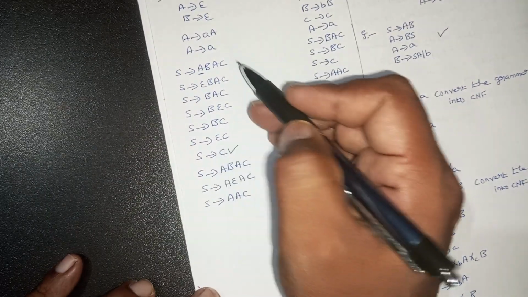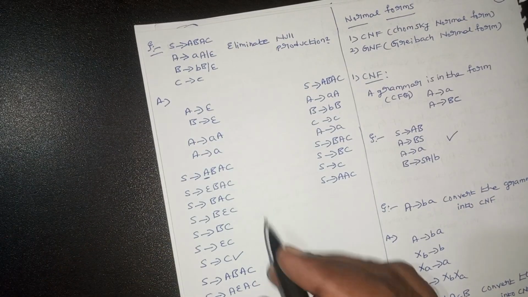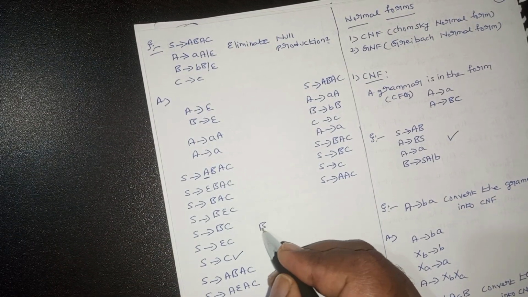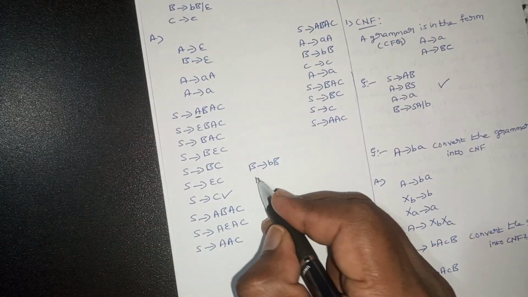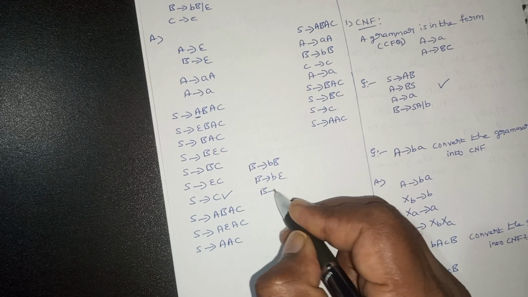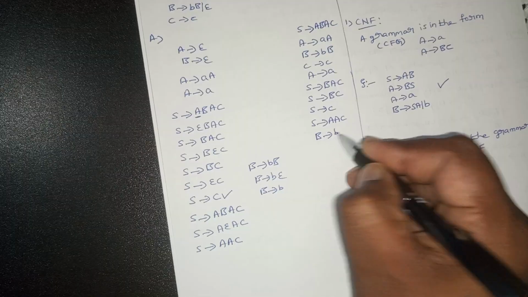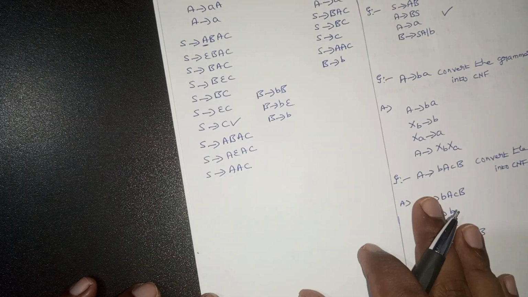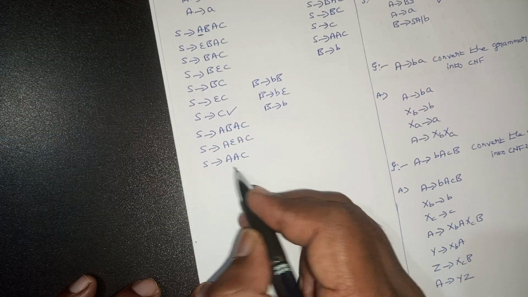Okay, now there is one more thing here, this will be there also. What is that? B tends to bB, you write epsilon in the place of B. What will be the answer? B tends to b. Okay, now again, in the place of A you write epsilon.